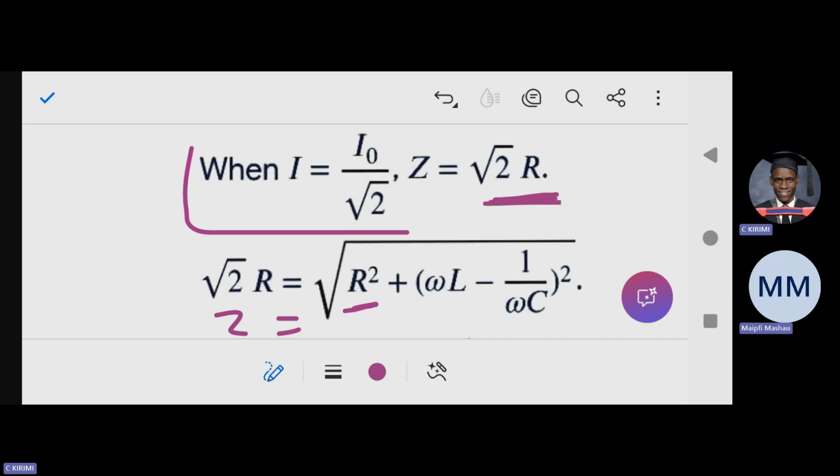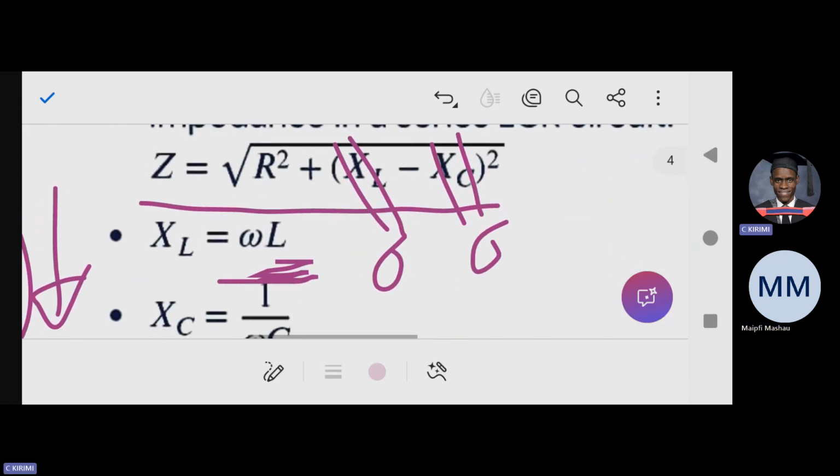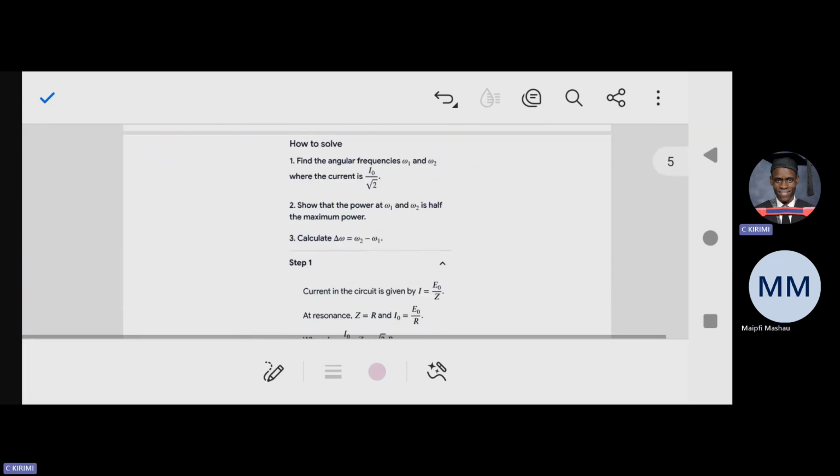Where there is R squared, here, remember, there was XL and XC. Oh, replace, now I follow. These ones, you are replacing with these values here. Yes, that's what we did.